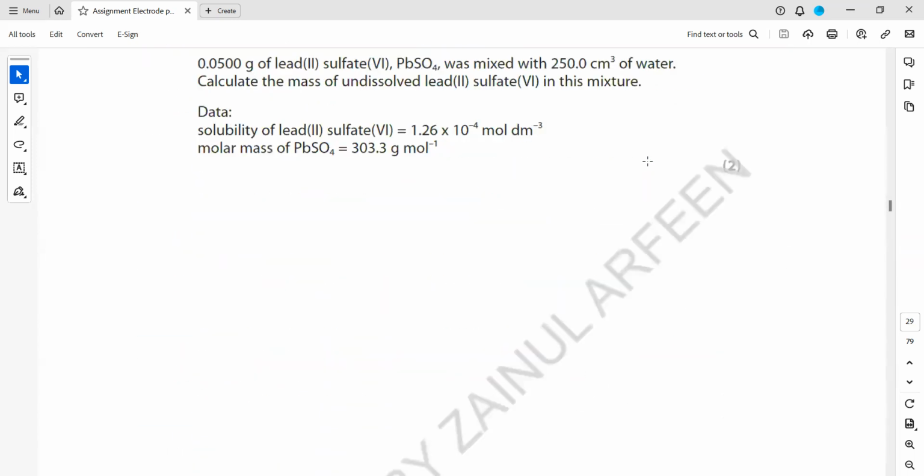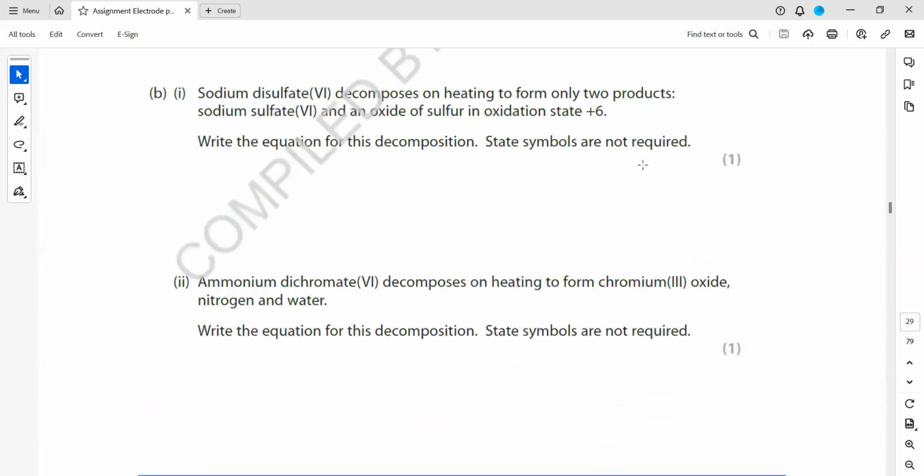The disulfate(VI) ion has a charge of -2 and sodium is +1.